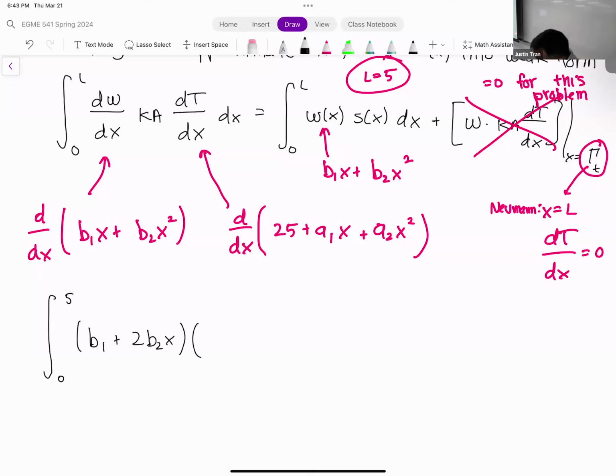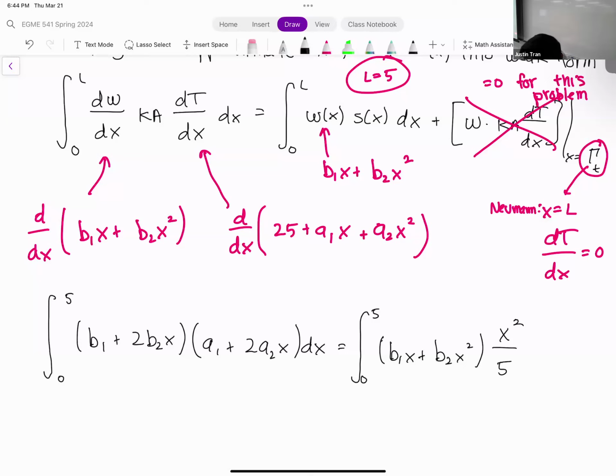We have dT/dx, which is a1 plus 2a2x, dx, is equal to the integral from 0 to 5 of w(x) here, which is b1x plus b2x squared, times s(x), which is x squared over 5, dx.